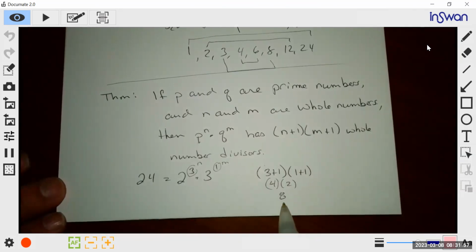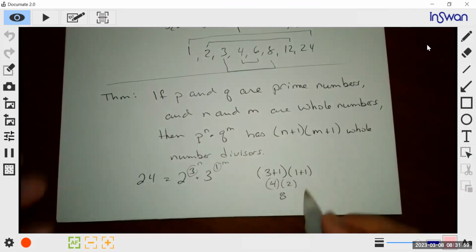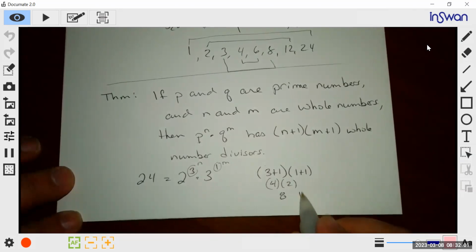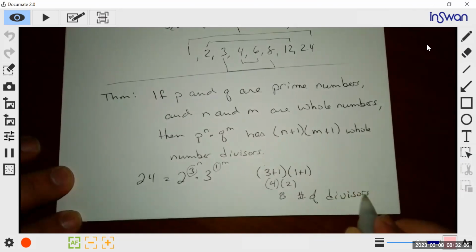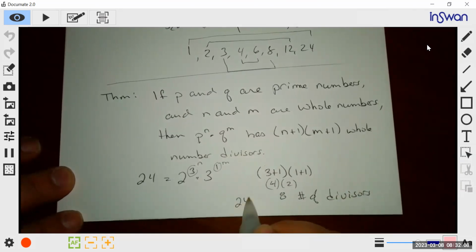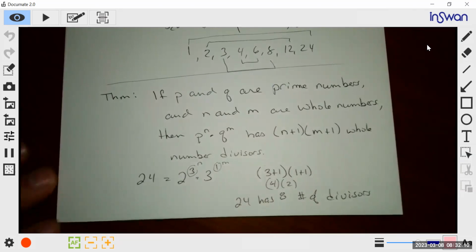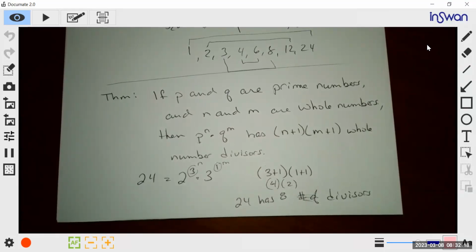What does this tell us? 8 number of divisors. Our 24 has 8 divisors, however we want to put that so it makes sense to you.